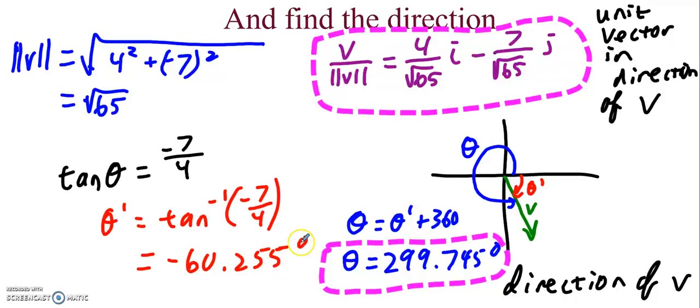However, I don't want the negative angle, I want the positive angle because I want to go counterclockwise from the positive side of the x-axis. So I find a coterminal angle of this. I say theta, which is the actual direction that I want, is theta prime plus 360 degrees. So theta is going to be 299.745 degrees.